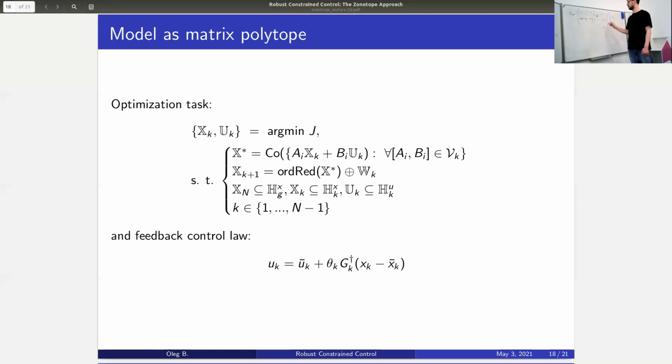A discrete with 0.5 is A1. With 0.7, it's A2. And you get A1 and A2. And it can be bigger, for example, AM.